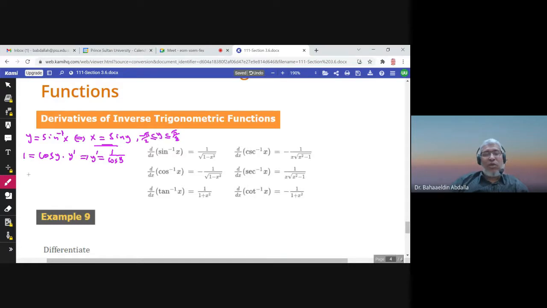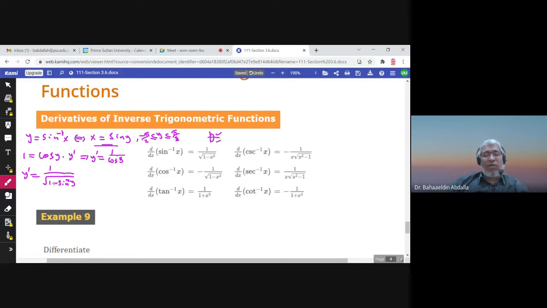But cosine y is the square root of 1 minus sine square y, because cosine square plus sine square is 1. Well, cosine y could be the positive or negative square root of 1 minus sine square, but since we are in the range negative pi over 2 to pi over 2, we are in the first or the fourth quadrant.